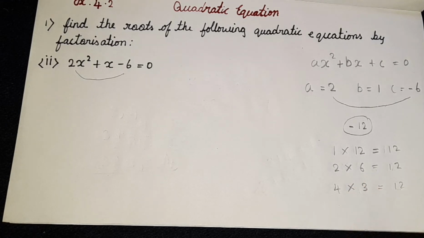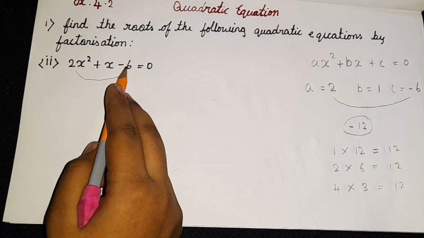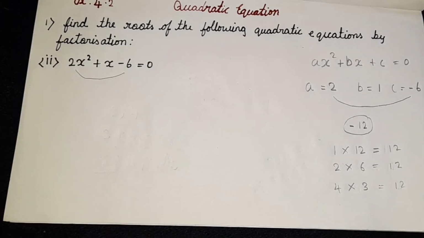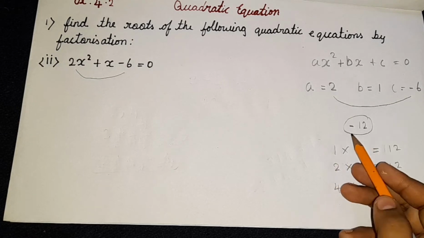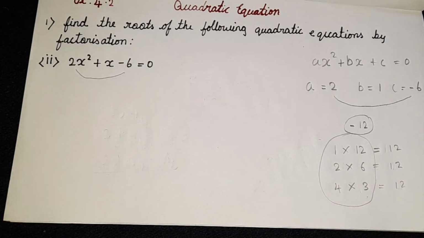Since we multiplied the first digit and the last digit and got minus 12, when we multiply these factors we should get 12. But when we add or subtract these factors, we should get 1. You might be wondering why we should get 1 and not other values.